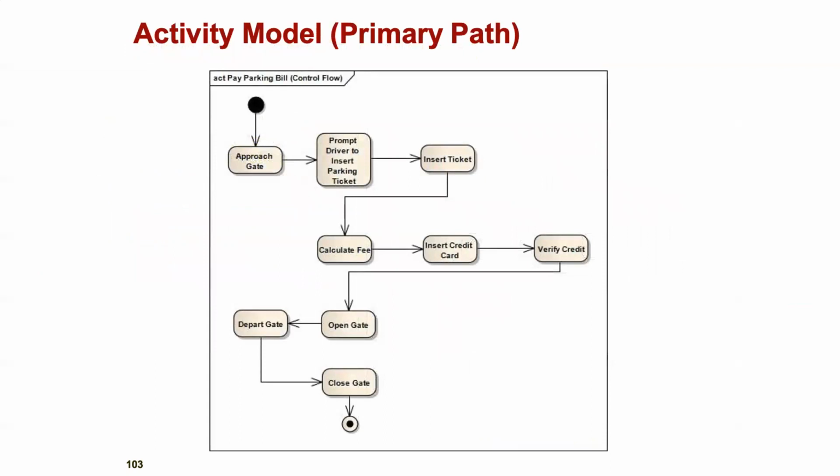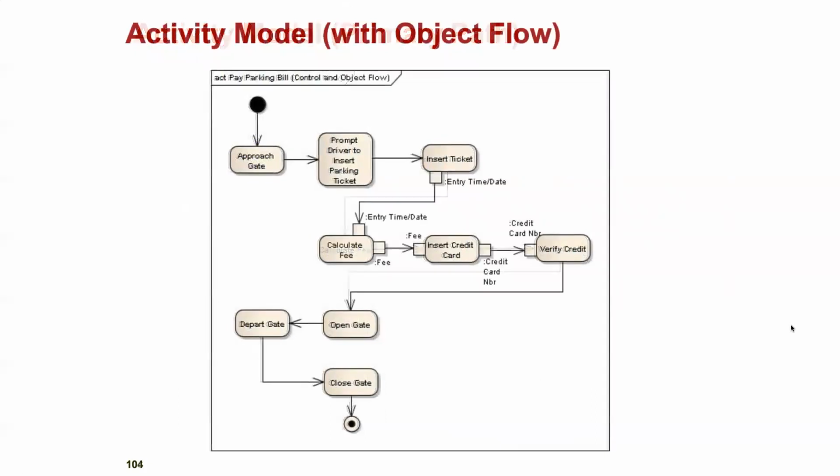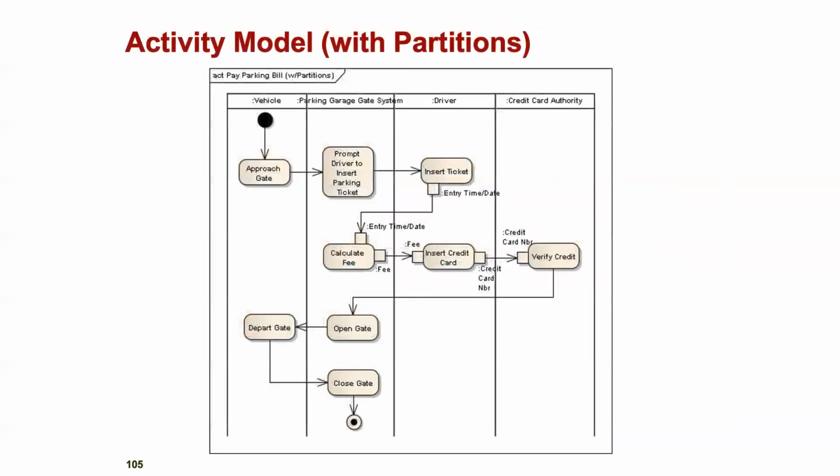Here we're showing the primary path, how that flows through from a start to an end. So that is something that we can have. We can also have this annotated with object flow. So we're seeing that with that diagram. Here we're including the partitions.